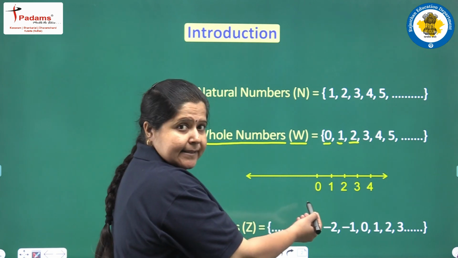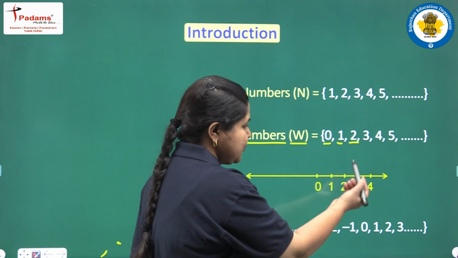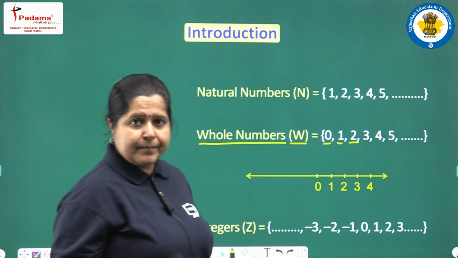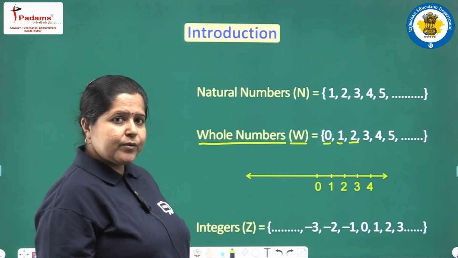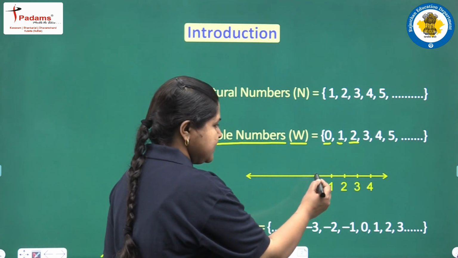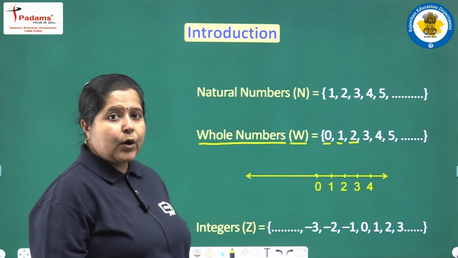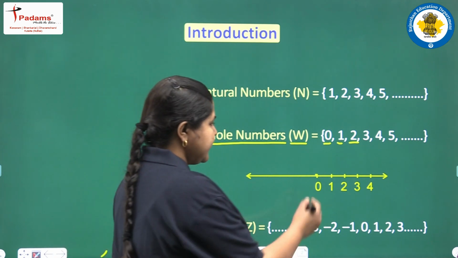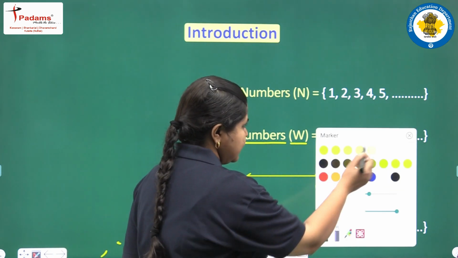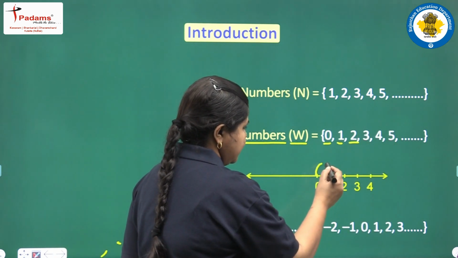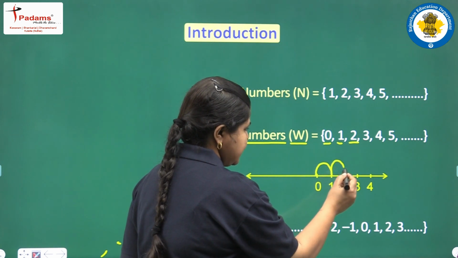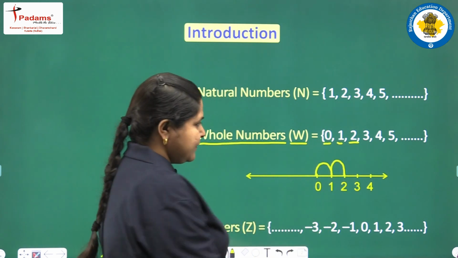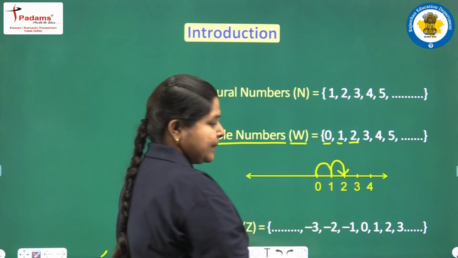0 is placed at the center, then comes 1, 2, 3, 4 and so on. Now let us suppose that you are standing at point 0 here. Now if I ask you to take 2 steps forward, where will you reach? 1 and 2. You have reached at this point 2.